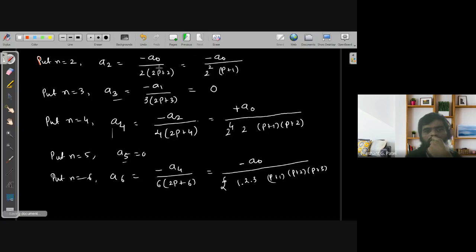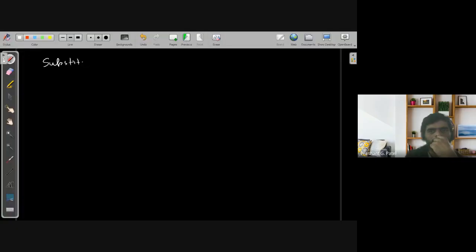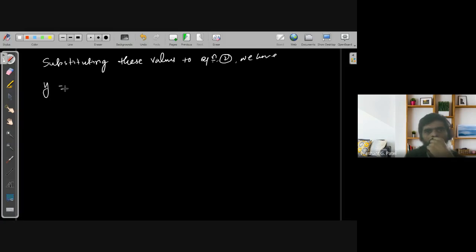So if you substitute this value of a0, a1 and so on into the solution, so substitute these values to expression 2, we have y equal to summation n running from 0 to infinity an x raised to n plus p.